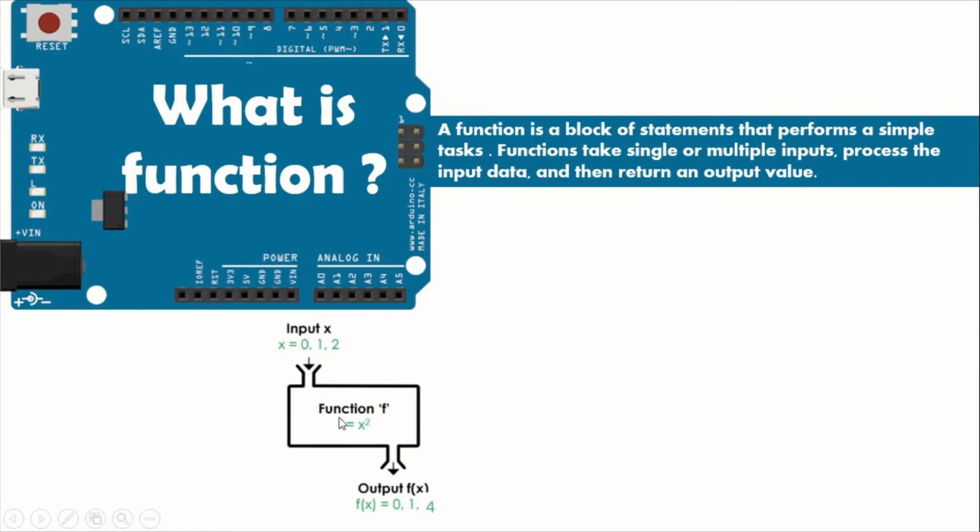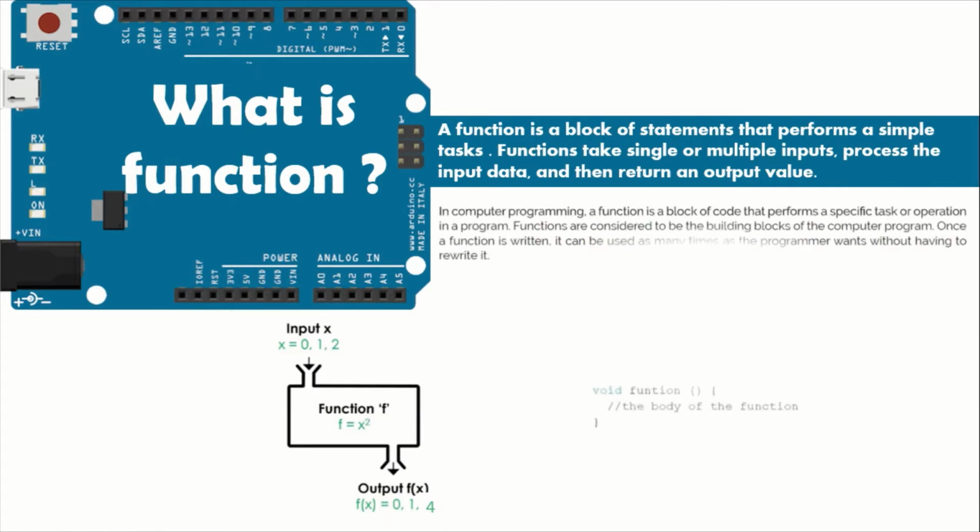For example, the function x square: you input 0, it gives you 0. 1 square is equal to 1. 2 square, it will be 4. 4 square, the answer here, you can predict, it is 16. So in computer programming, a function is a block of code that performs a specific task or operation.